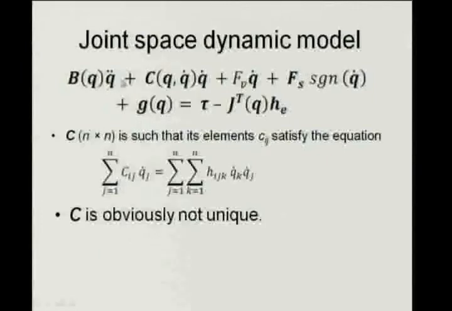So the only thing is, what is this C thing? See, what happens now is you want to actually get this in the form where this is q dot, this is q dot, so this is a term of q dot, this is actually a very funny term which is dependent only on the sign, and then this term is q. So essentially you want to write everything as m x double dot plus c x dot plus k x, either equal to a forcing function or equal to 0.